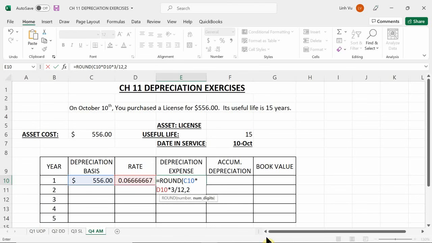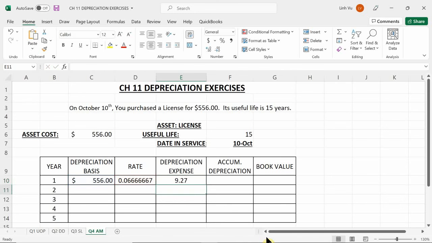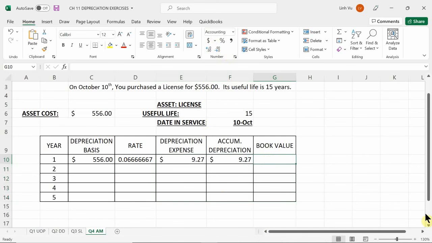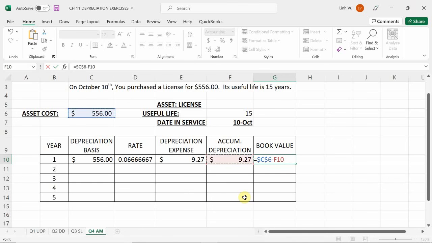What's my depreciation expense? $9.27. Okay, which brings my book value to $546.73. So I'm going to take my 556 minus my $9.27 to get the 546.73.